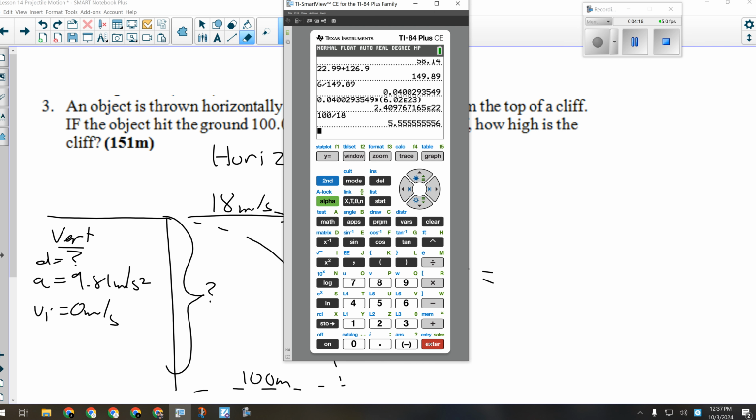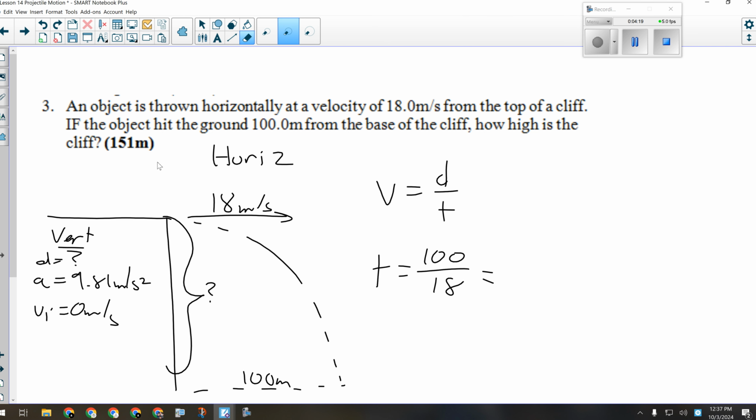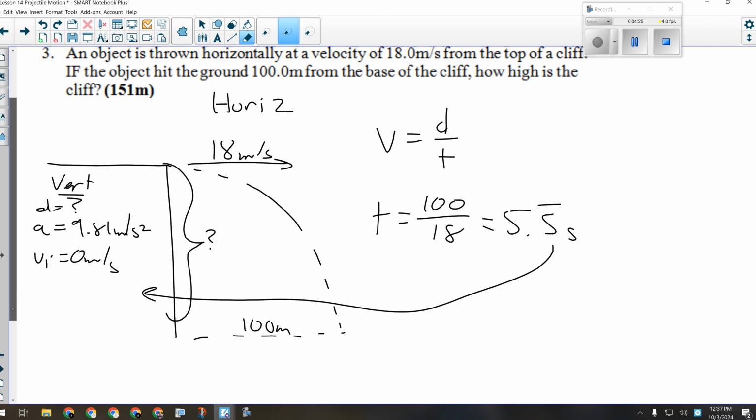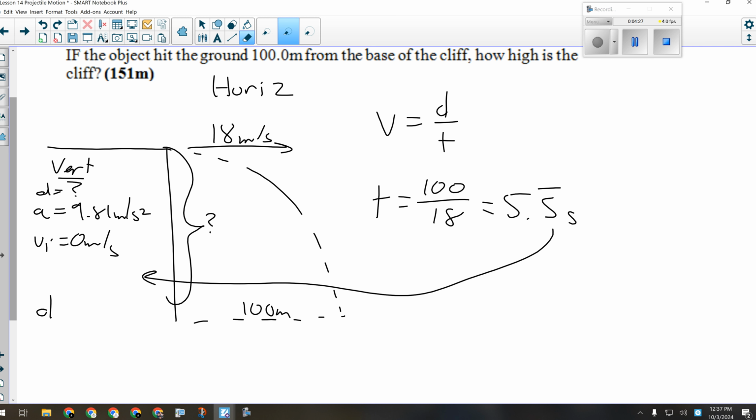So we're looking at 5.5 repeating seconds. That number can come over here with the vertical stuff, and I can use it in this formula: d equals Vi times t plus 1/2 a t squared. So that'll be 0 there. So 1/2 times 9.81 times 5.5 squared.